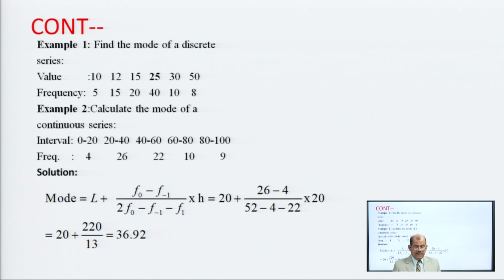Solution: since it is a continuous series, the formula is applicable. Mode is equal to L plus (f0 minus f minus 1) divided by (2 f0 minus f minus 1 minus f1) into h.